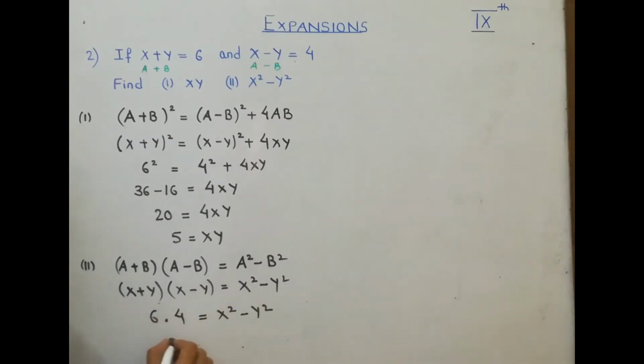When you multiply these two, it's 24. So the result is x square minus y square is equal to 24. So you can pause and note down this.